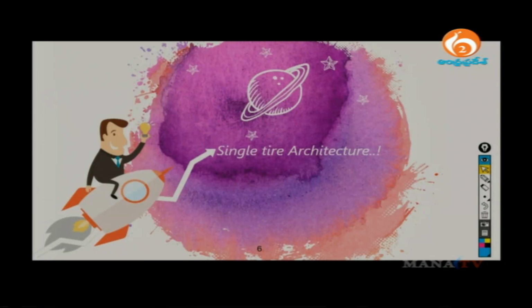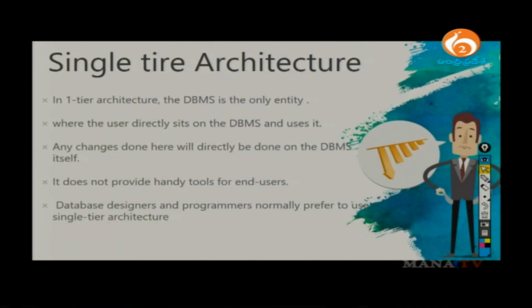Single tier architecture, what does this single tier architecture do? Yes, first let me explain. In single tier architecture, the database system is the only entity, where the user directly sits on the DBMS.